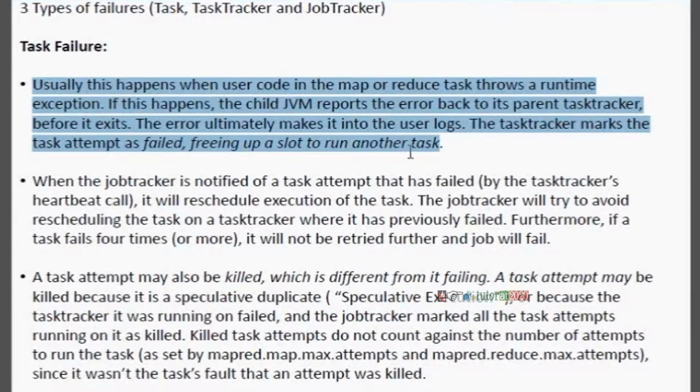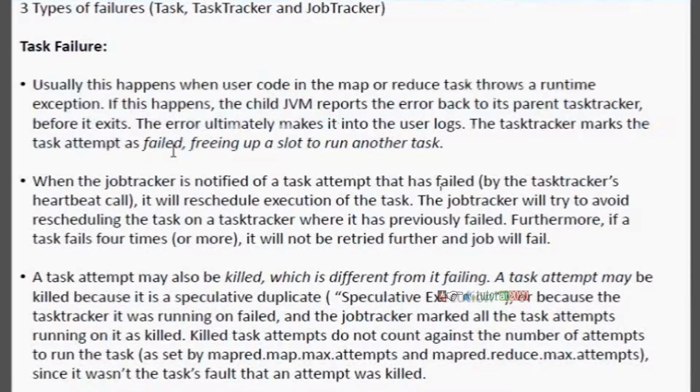In MapReduce, if you submit any Hive query, big queries also, there are three types of failures that generally happen. Task failure, task tracker failure, job tracker failure. Task failure means this failure happens whenever there is any problem in our code. And task tracker failure: what is the task tracker failure?